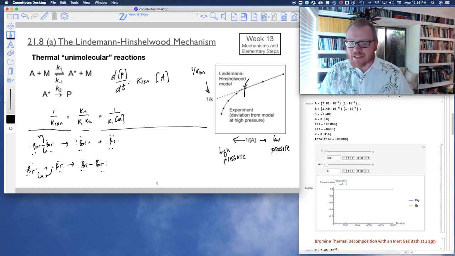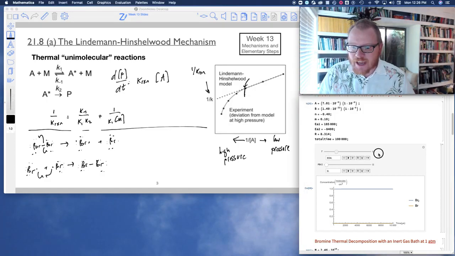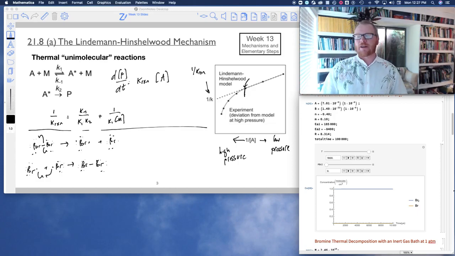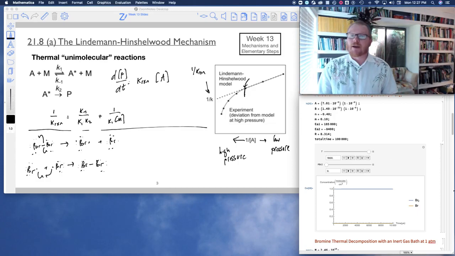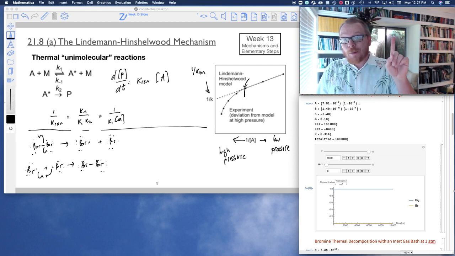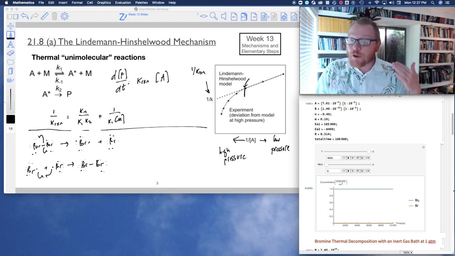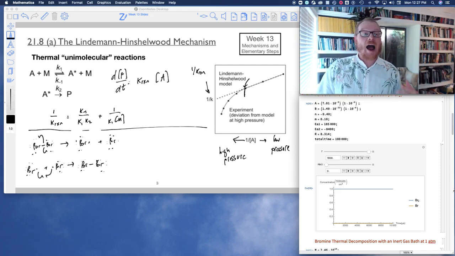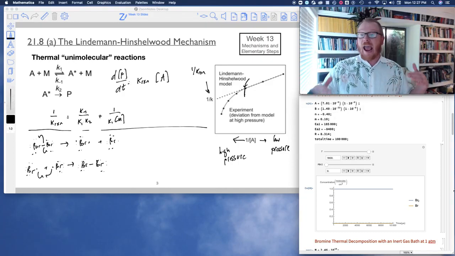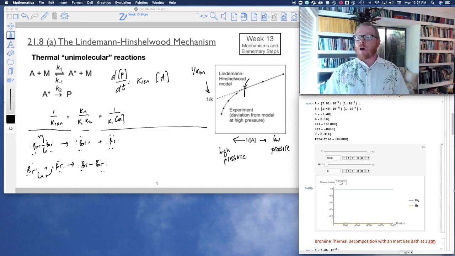And as you might even guess, even if I crank this to 1800 Kelvin, nothing happens because I've only got one bromine molecule per cubic centimeter. So I am definitely under the low pressure limit of this reaction, way, way below it. At 1 molecule per cubic centimeter, nothing reacts, at least not over the 10,000 microseconds, okay?